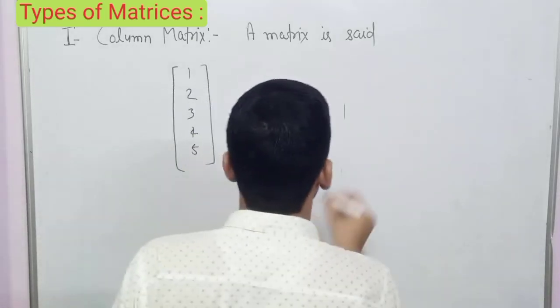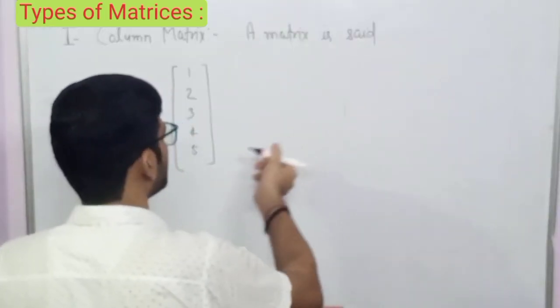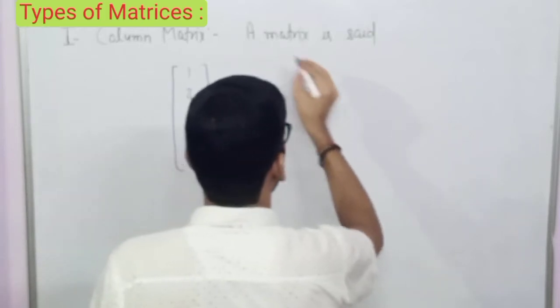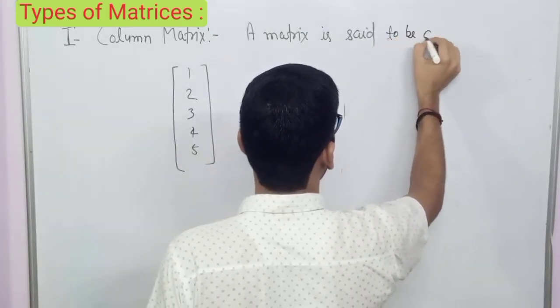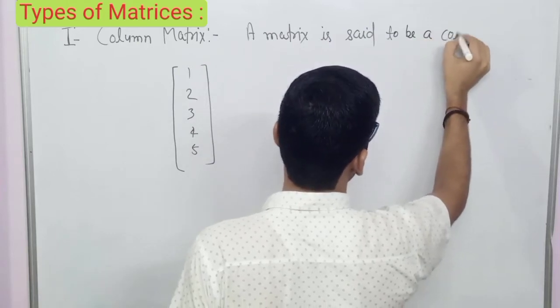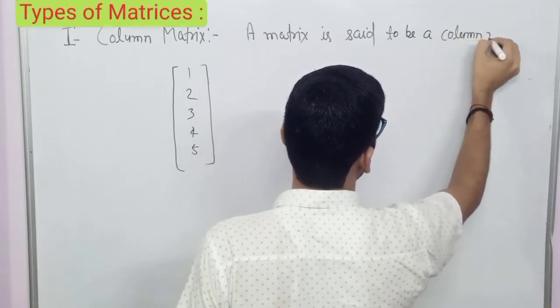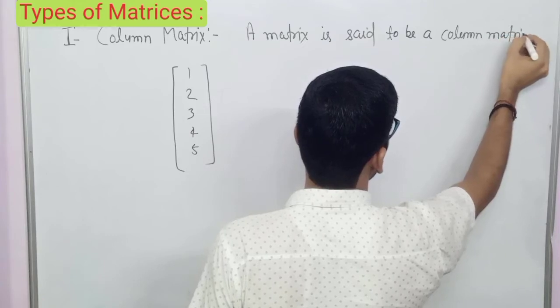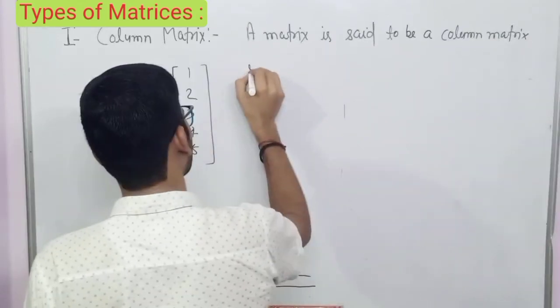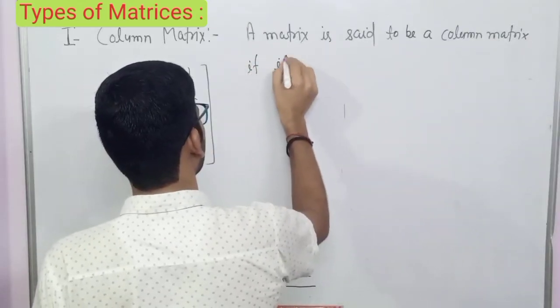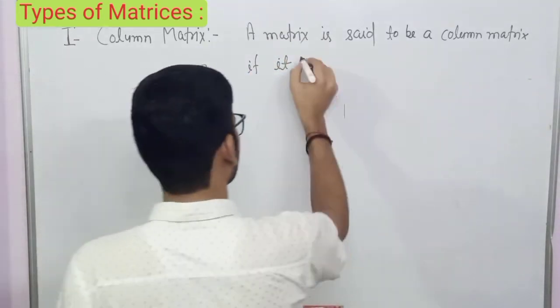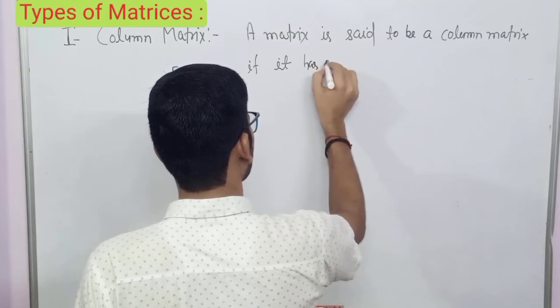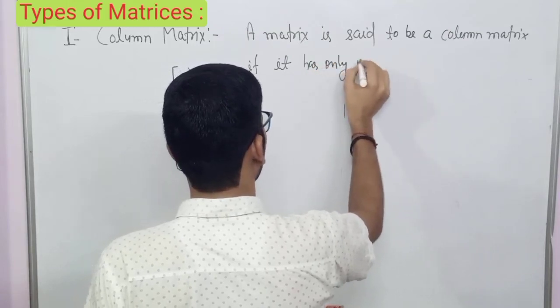How can we write the definition? A matrix is said to be a column matrix if it has only one column.